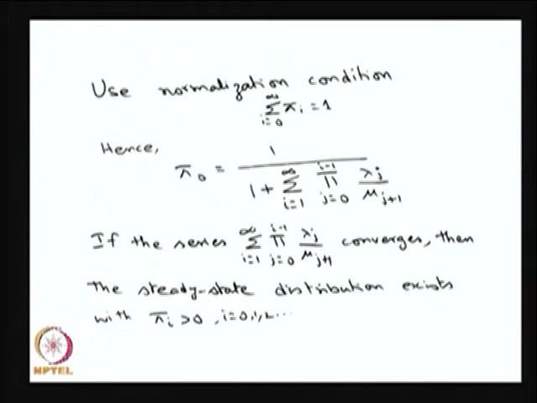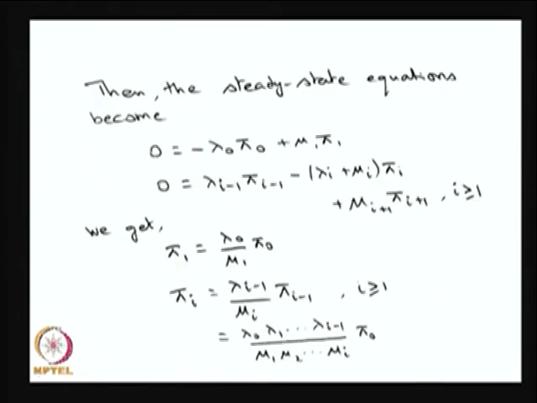So, whenever this series converges, I will have a steady state distribution with positive probabilities, and the summation of probabilities is going to be 1. So, this is the condition for a steady state distribution for a birth death process, because we started with the birth death process forward Kolmogorov equation.